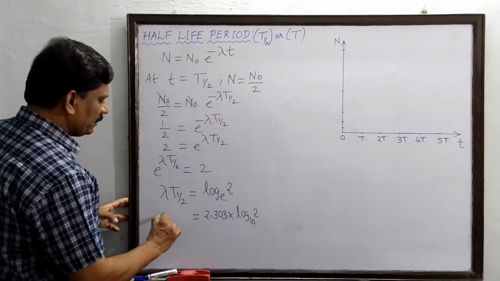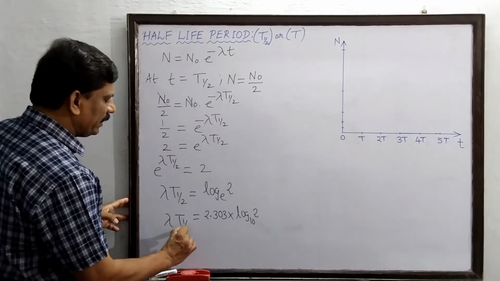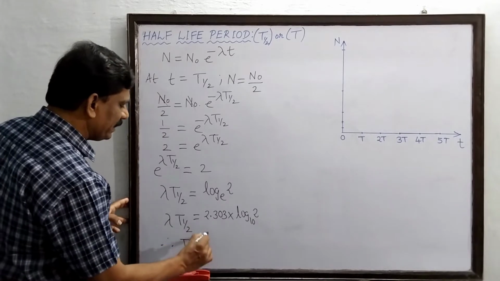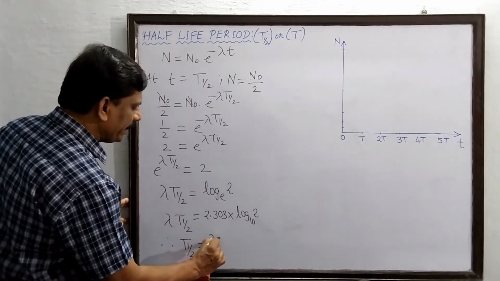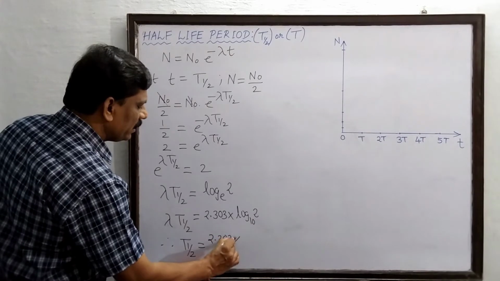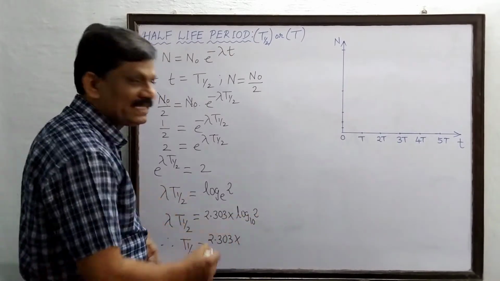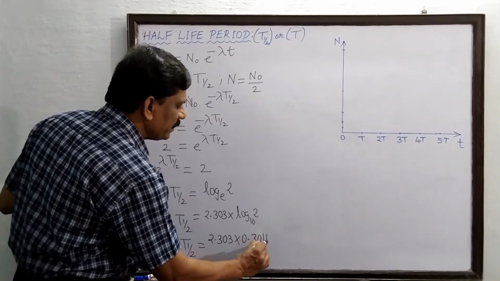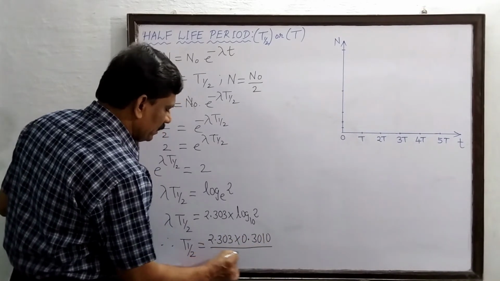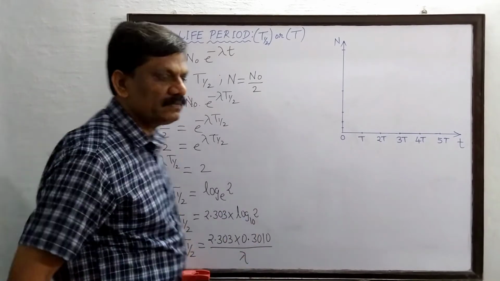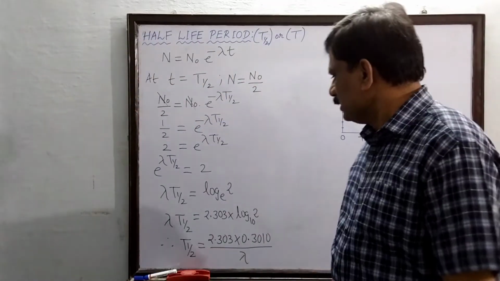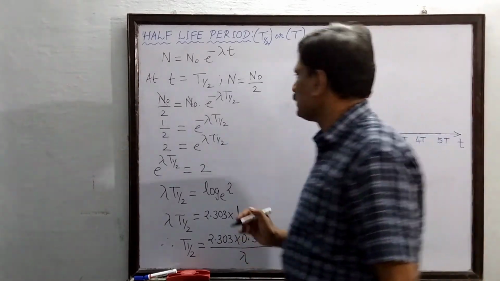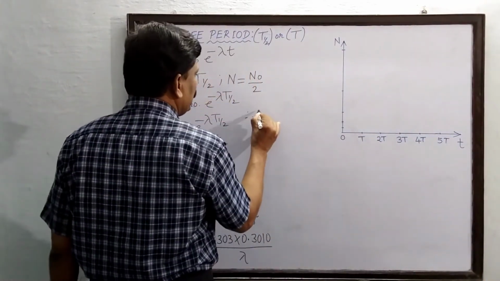Therefore, the left hand side is lambda into T half. Therefore, T half is equal to 2.303 into log 2 to the base 10, whose value I am going to write as 0.3010, divided by lambda. The product of 2.303 and 0.3010 is 0.6931.